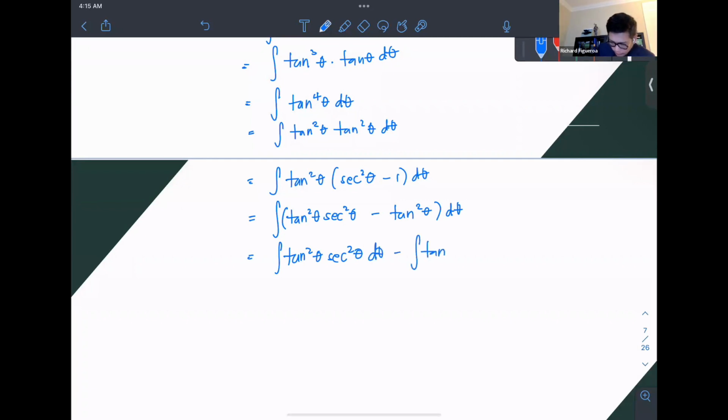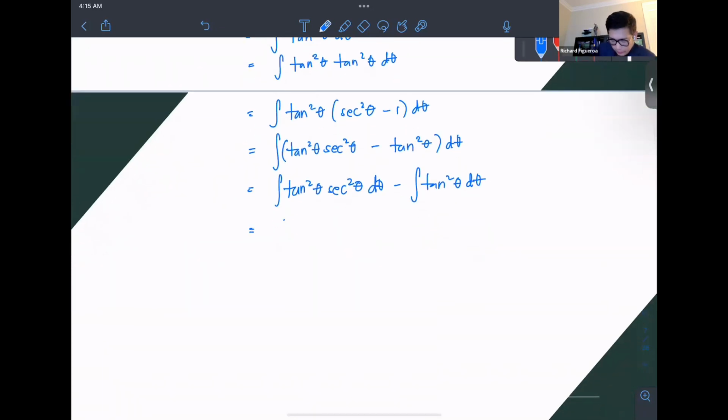However, tangent squared theta d theta cannot be integrated right away, so we need to use the same identity. The good thing here is that transformations will only lead to sine, cosine, tangent, and secant. There is no transformation involving cosecant and cotangent.